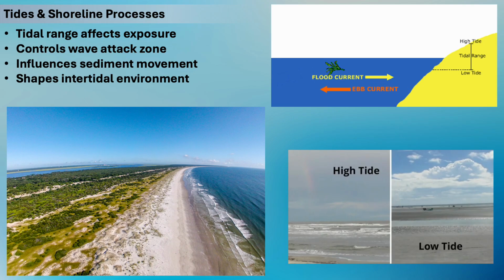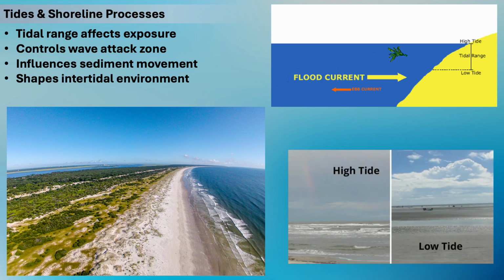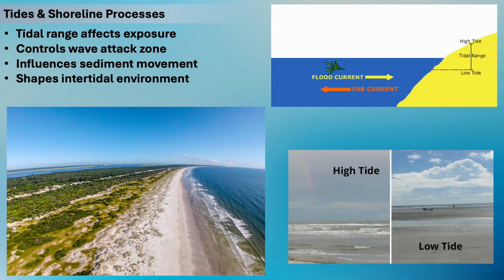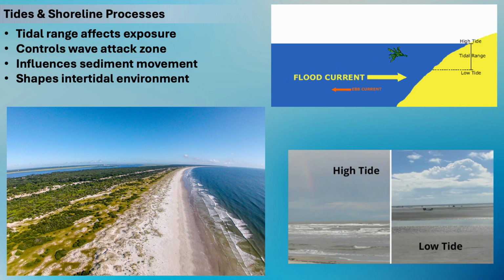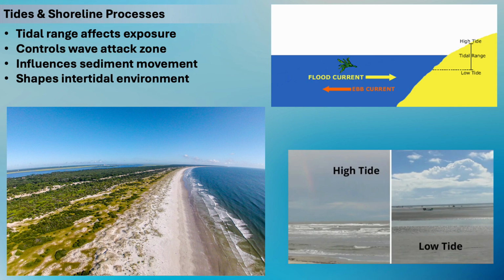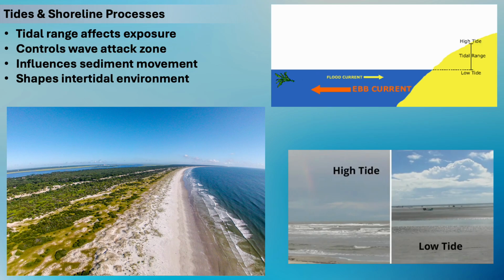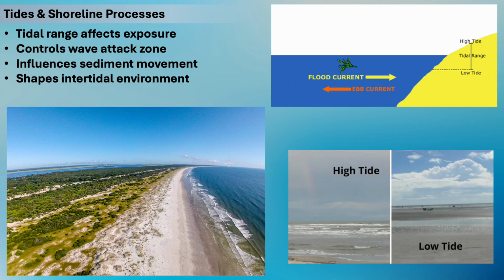So that is a lot of space for sediment to be picked up and transported. Additionally, tidal currents in estuaries can transport sediment in and out with each cycle, influencing deposition patterns. So while waves deliver energy, tides modulate where and when that energy acts.